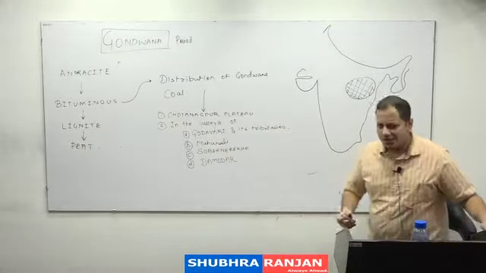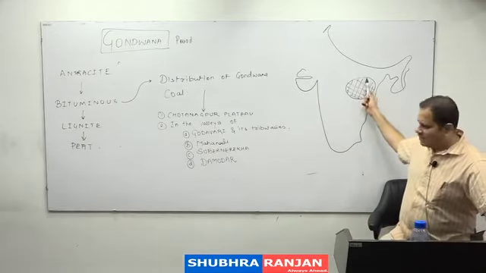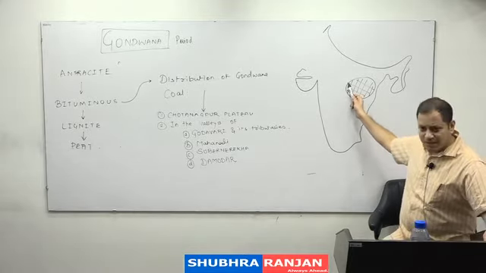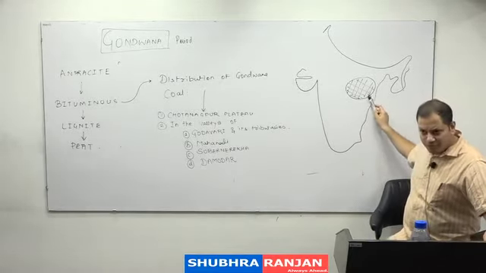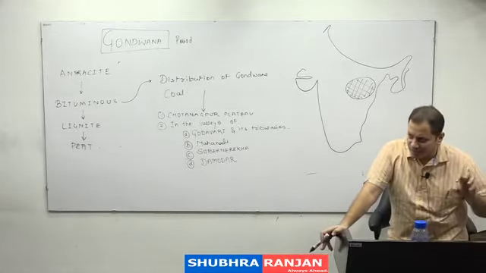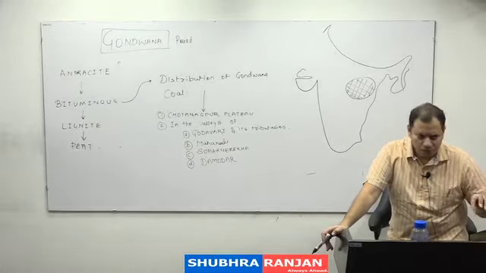And these are the states of Jharkhand, Chhattisgarh, to some extent Maharashtra, some parts of Madhya Pradesh, some parts of Orissa and West Bengal. This is the distribution of Gondwana coal in India.